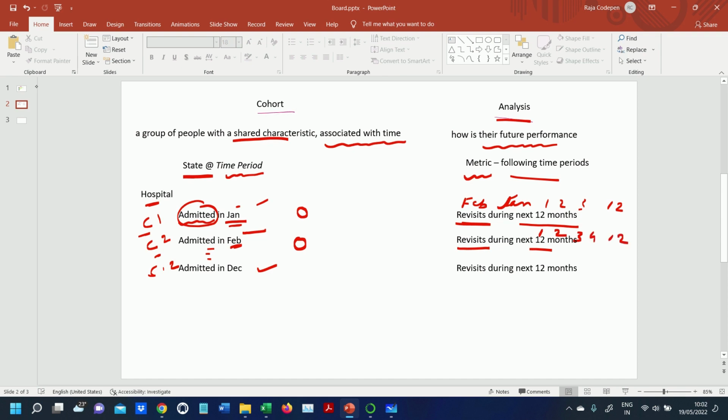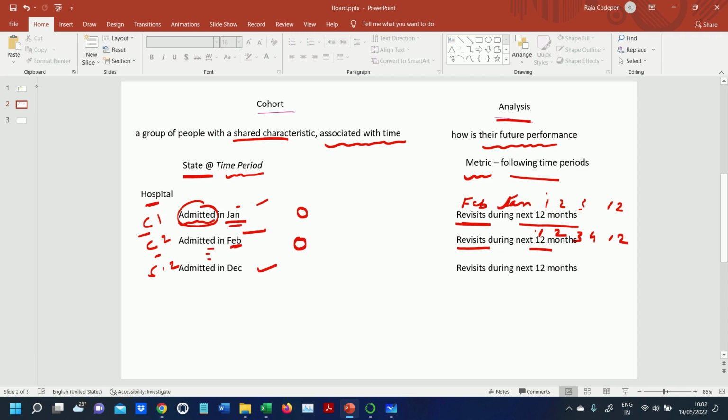So for this group, the first month is February. For this group, the first month is March, like this. This is how this analysis studies each group for the respective subsequent time periods.